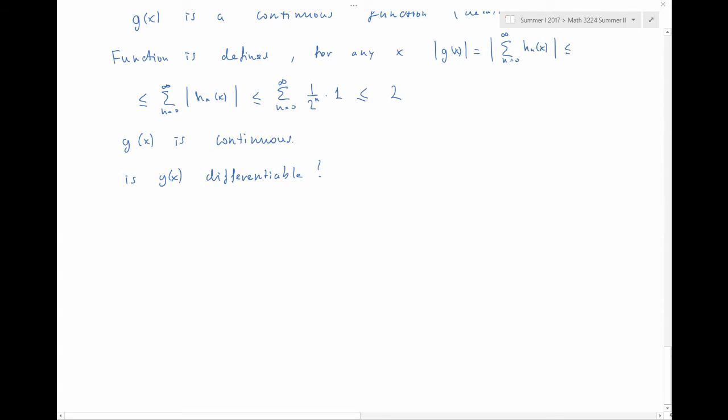So at first I want to show that g is not differentiable at 0. Take x to be 1 over 2 to the power m.